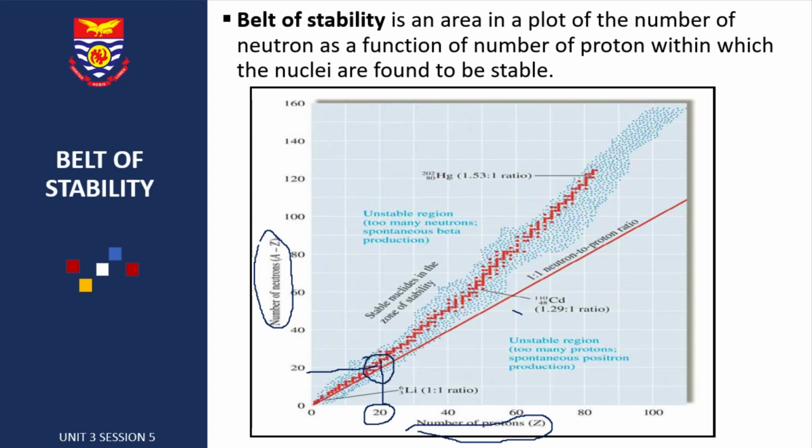So you can realize that the red color, which indicates the stability, ends somewhere here on the plot, after 83 or 84. It is no more showing because the nuclei are not stable from 83 onward.